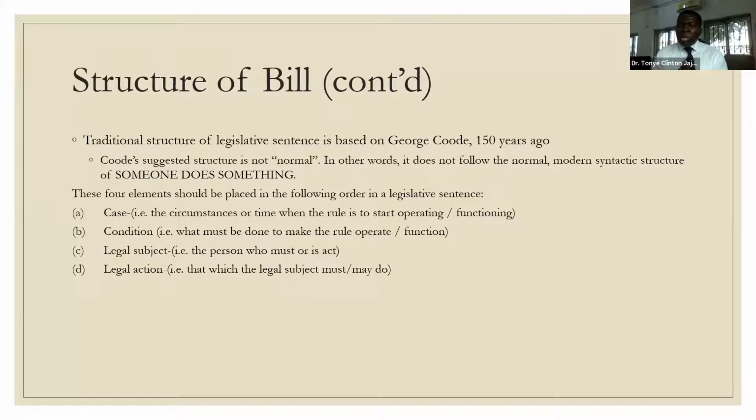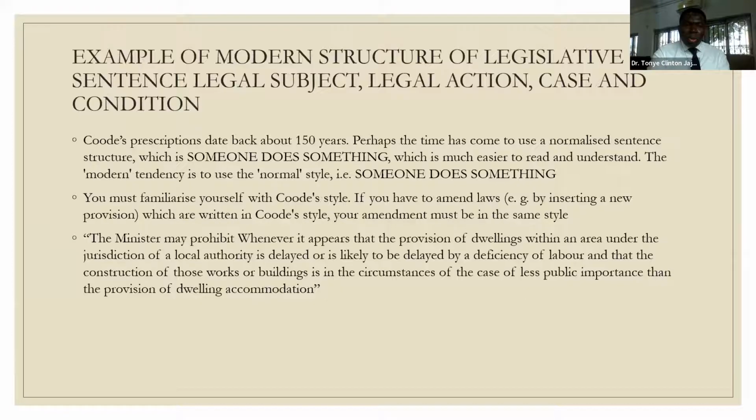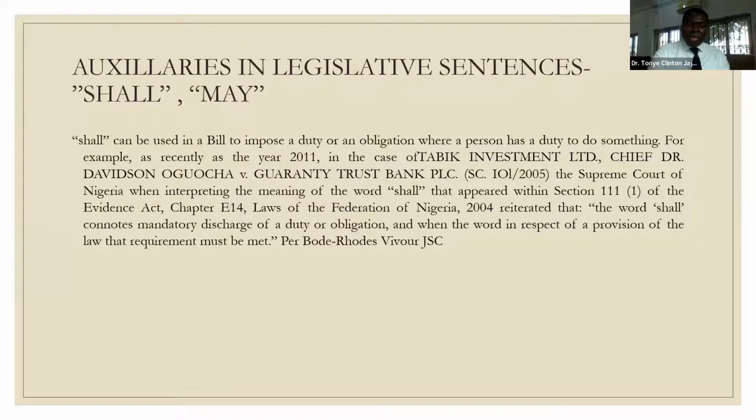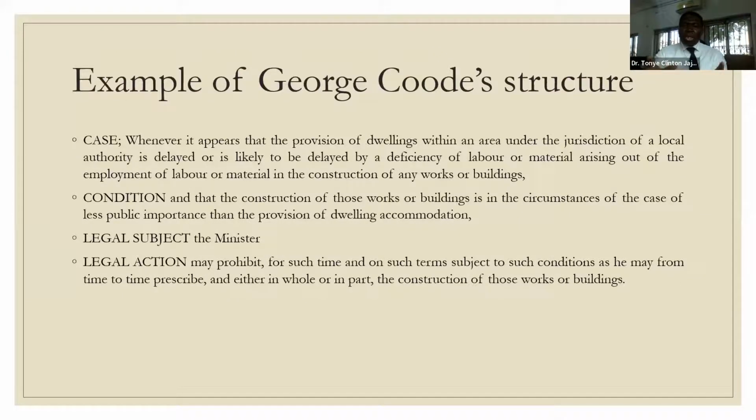This is over 150 years ago. An English barrister called George Coode designed this for us. But we have modernized it now. The modern way is that the legal subject comes first. Then you have the case and the condition. So I'm going to share this slide with you so that you know how a legislative sentence is framed.